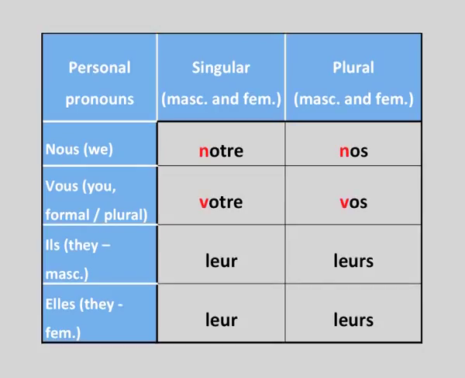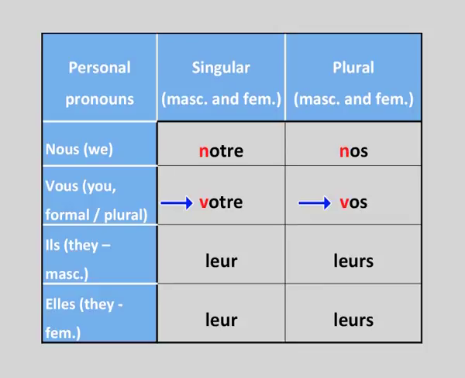Here's a table that summarizes the next 4 possessive adjectives and their inflected forms. Again, as you may have noticed, the possessive adjectives that conform with il and elle are identical. Also, there is hardly much difference between the possessive adjectives corresponding to nous and vous.